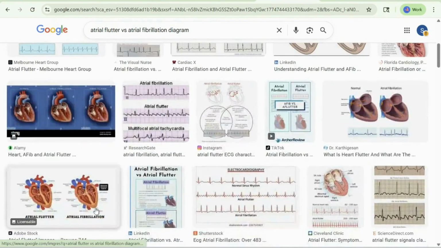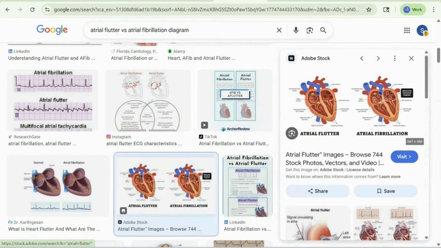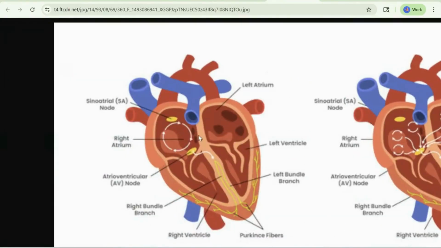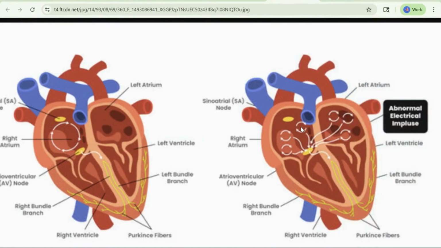Atrial flutter is a cycle within the right atrium going round and round, producing depolarization in every turn. Whereas atrial fibrillation is multiple foci, at least greater than 3, in any place within the atria, producing very weird depolarization and constant activation of the AV node.